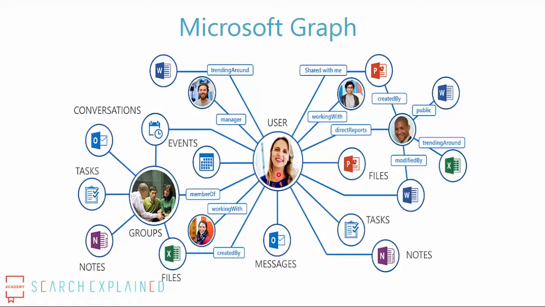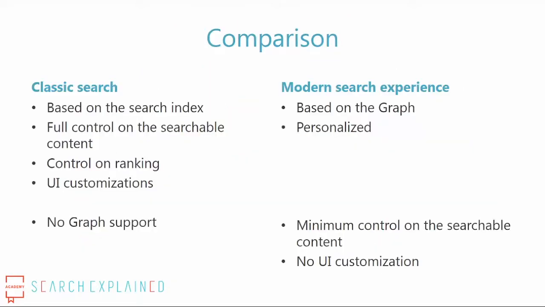So therefore, we have to compare the classic search experience and the modern search experience in Office 365. When we talk about the classic search in Office 365, it is based on the search index. And we do have full control on the searchable content. We can include content, we can exclude content, we can define what should be stored in the search index.